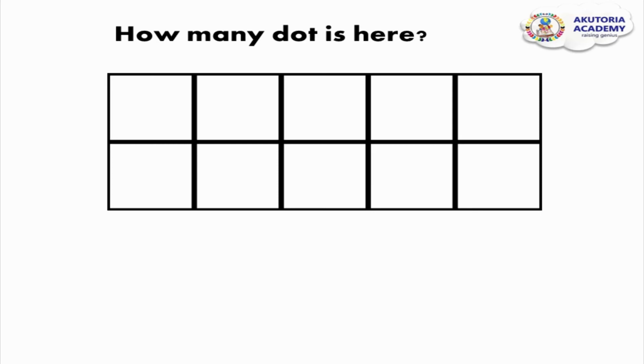How many dots are here? 1. Good job. How many dots are here? 1 dot. Great work. How many dots are here? 1 dot. Brilliant.